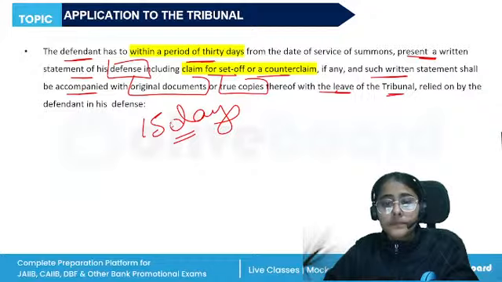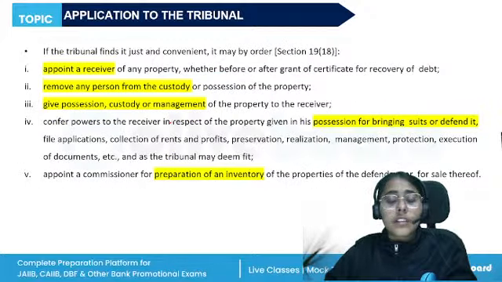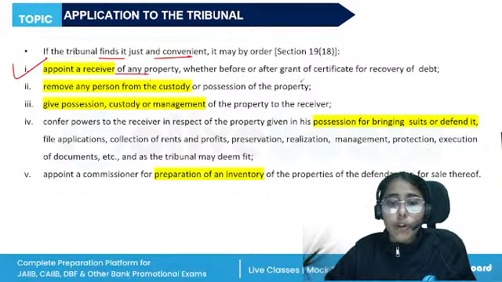Then if the written statement has been made and the tribunal finds that it is just and convenient, they can appoint a receiver of any property, whether before or after grant of certificate of the recovery of debt. They can remove any person from the custody or possession of the property.